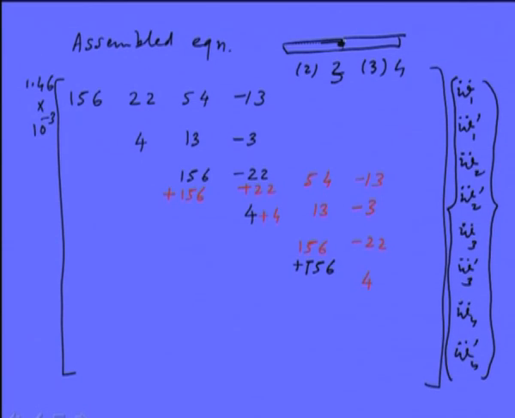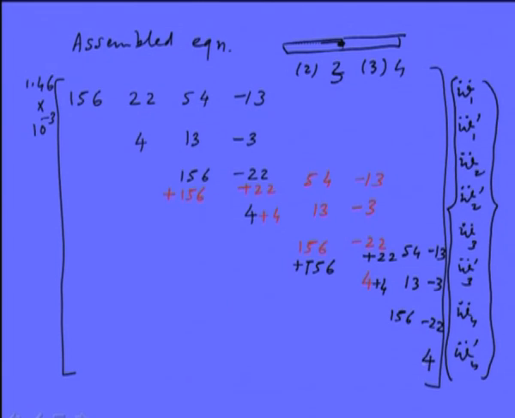So we get this overlapping of the terms of the mass matrix. Here it will be 54 and the last term will be 13, then here it is 4, 13 minus 3, here 156 minus 22, and the last one is 4.